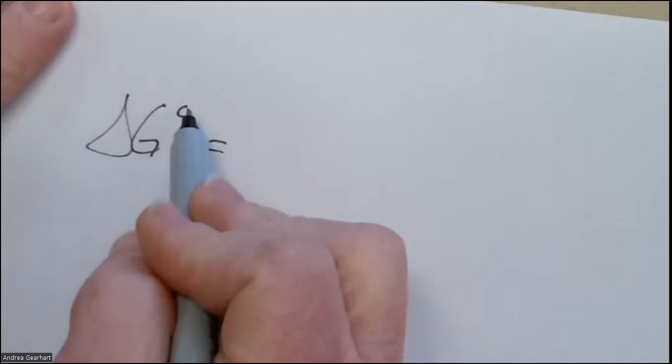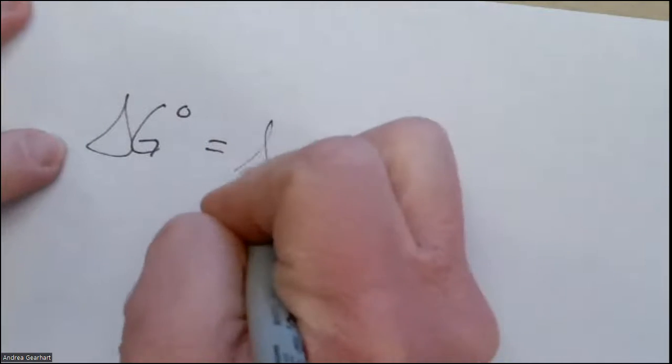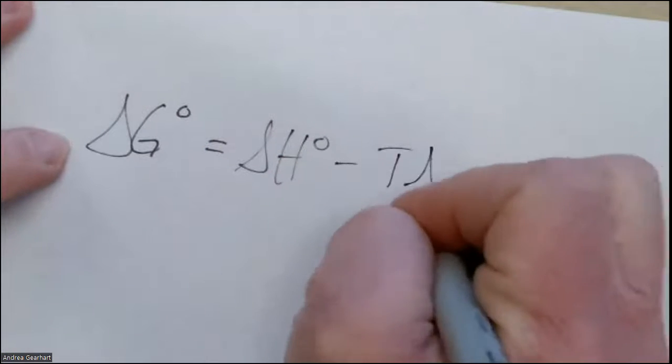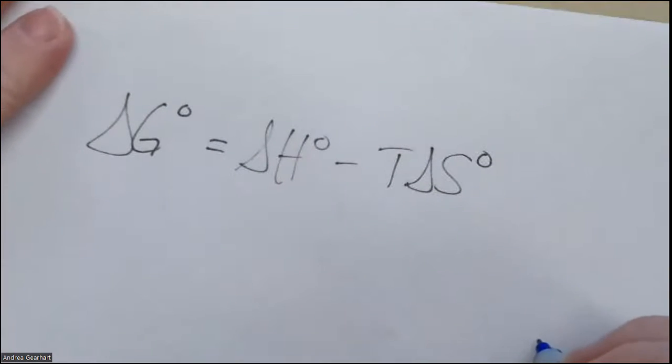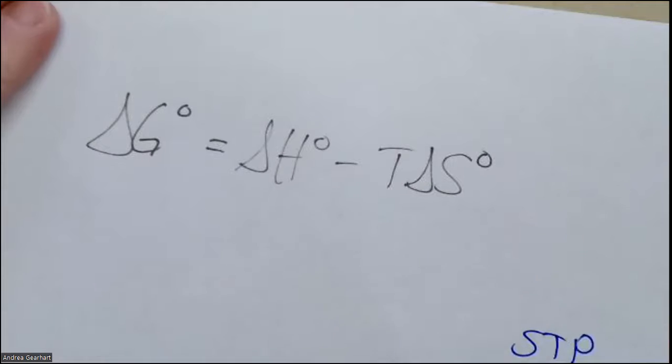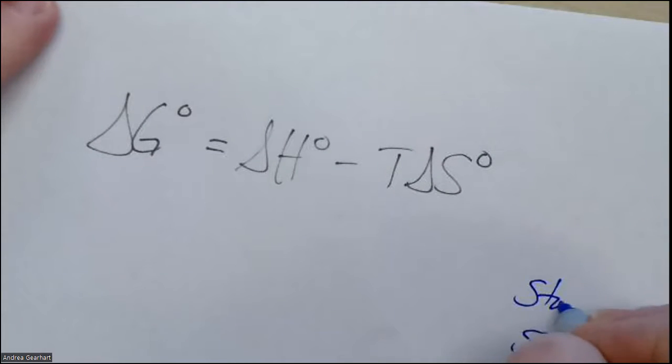And remind us, Elena, what does it mean if we have that little floating 0? Great. So what temperature? Isn't it so unfortunate that we have standard temperature and pressure and then standard state?